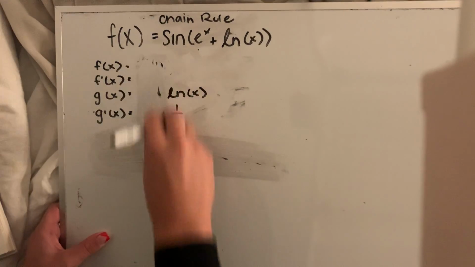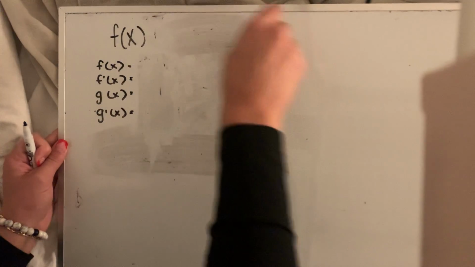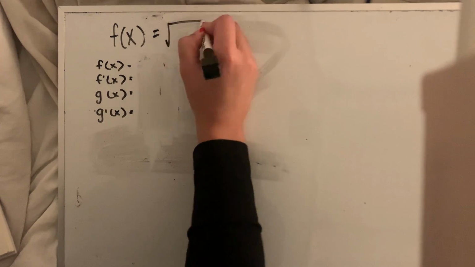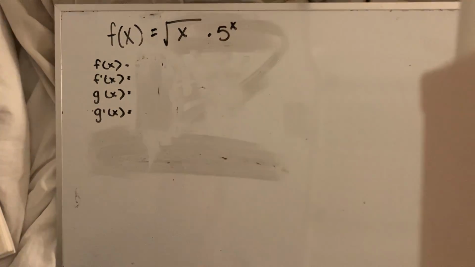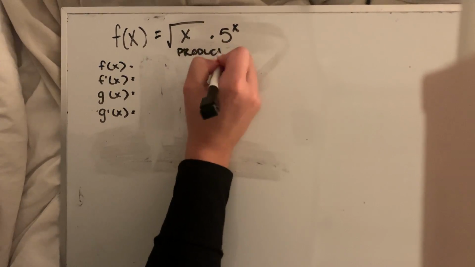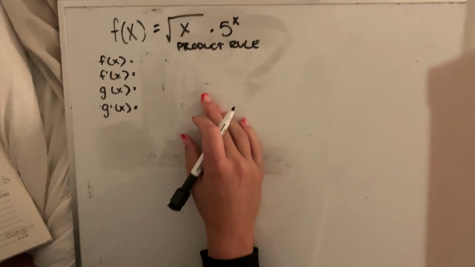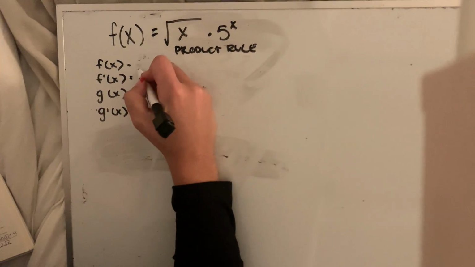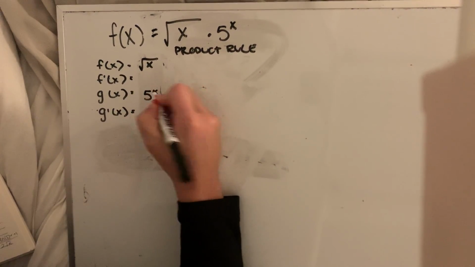For the next equation, which is square root of x times 5 to the x, I'm going to apply the product rule. And by doing so, I'm going to find f of x, f prime of x, g of x, and g prime of x first. F of x would be square root of x, and g of x is going to be 5^x.